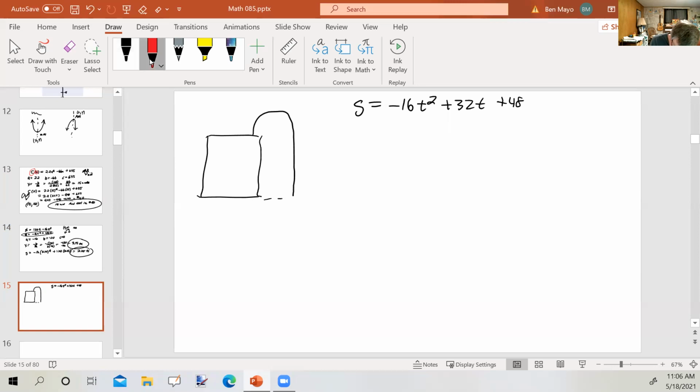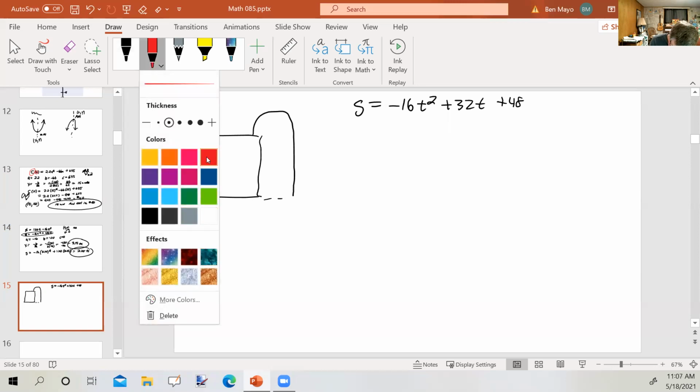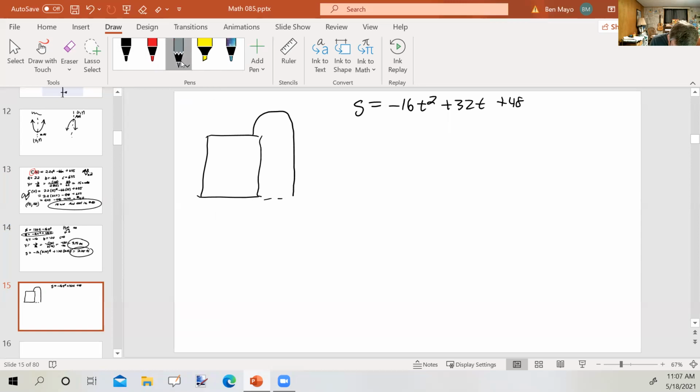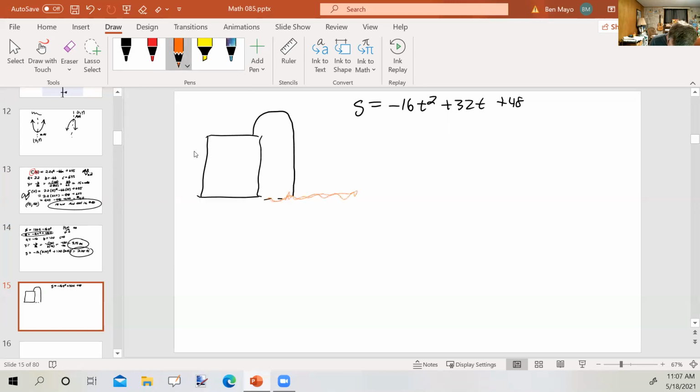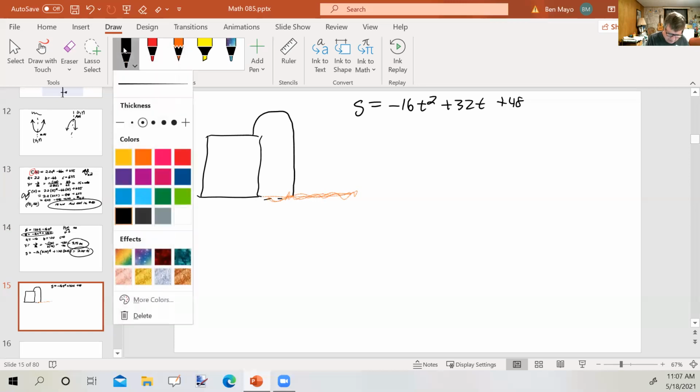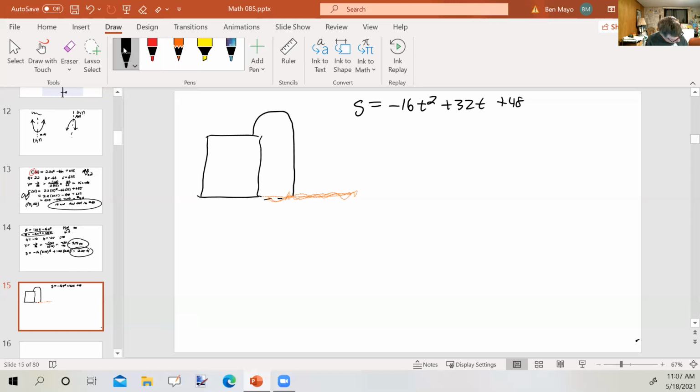Okay. So let's see here. There's the ground. We want to have nice brown ground. Okay. So just looking at the picture, we can see that it's a parabola opening downward. And notice A is negative, which means that the graph would be a parabola opening downwards.